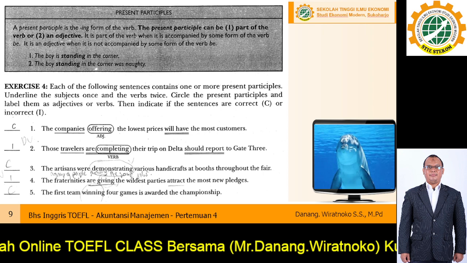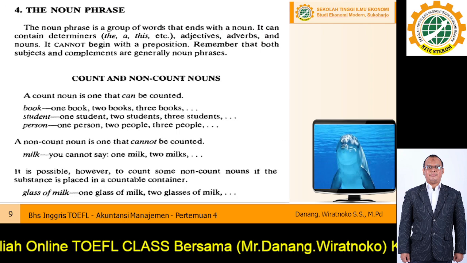Oke, kita masuk ke berikutnya, is about noun phrase. Ya, kemarin udah sampai noun, verb, dan apa lagi kemarin, complement, ya, complement, and object. Now we have masuk ke noun phrase. So the noun phrase is a group of words that ends with a noun.